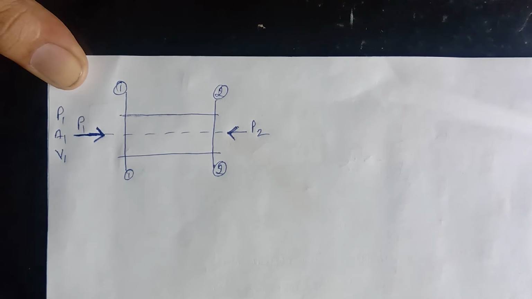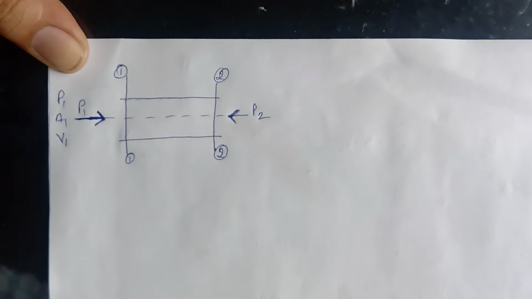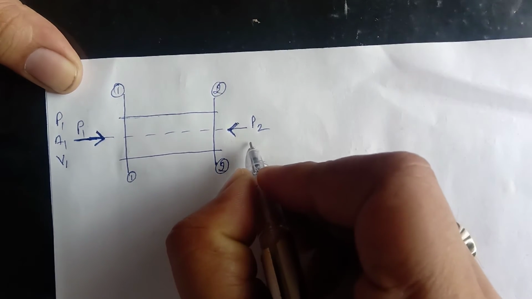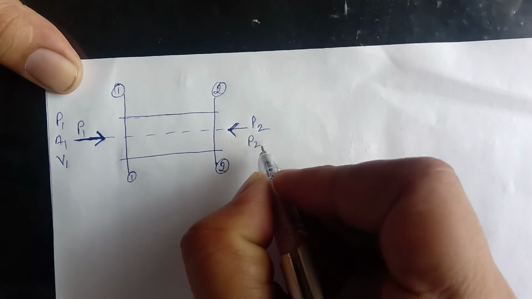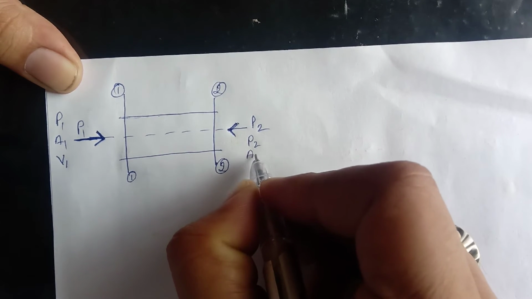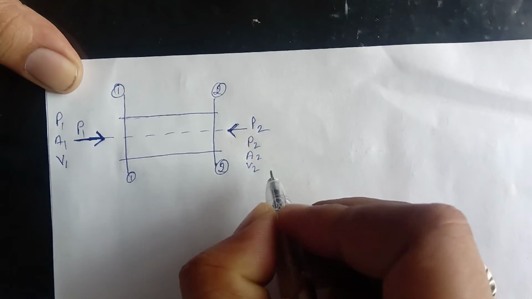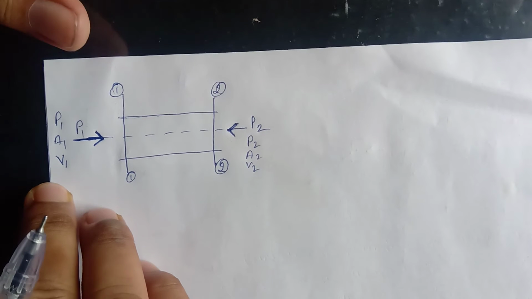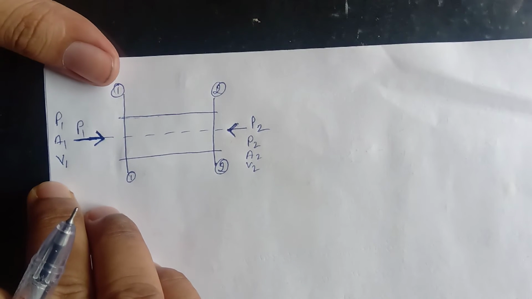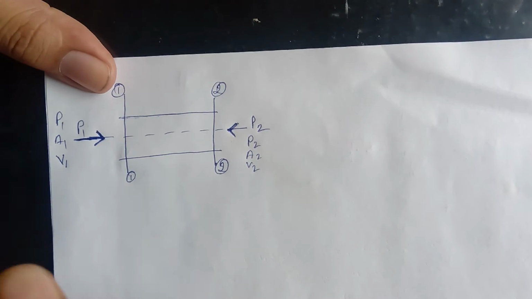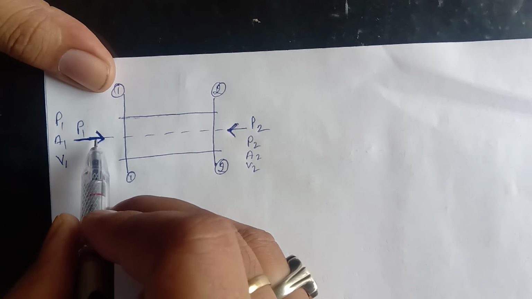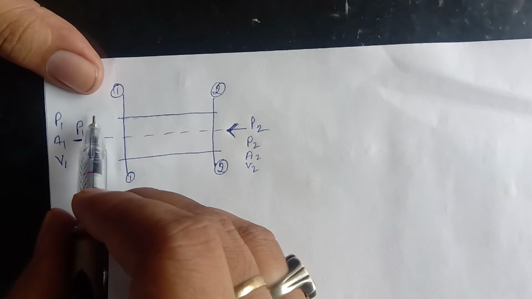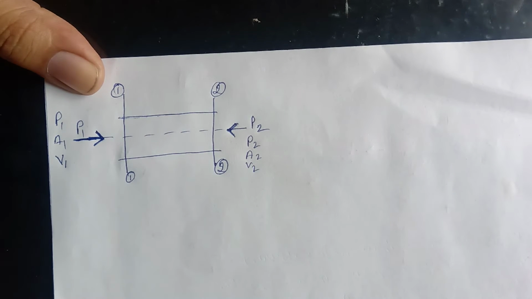Okay, any doubt? Let P2 be pressure at that point, A2 its area, and V2 its velocity. And we know that water flows from higher pressure to lower pressure. It means that if water is flowing from P1, then the pressure at P1 should be greater than pressure at P2.